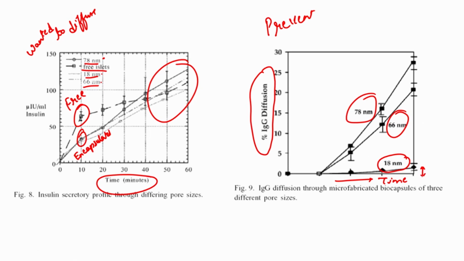So, if you want to make a device, you would rather make a device with 80 nanometer among these three, because it is better in terms of preventing IgG from going in, and in terms of the function itself it does not really affect a whole lot. You do not really see a significant difference here. Of course, it may be beneficial to even try something smaller, so that this IgG diffusion gets completely eradicated, but we will have to make sure that the insulin diffusion does not go down like this, because then it is not good.